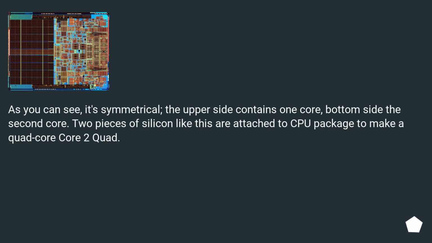As you can see, it's symmetrical. The upper side contains one core, bottom side the second core. 2 pieces of silicon like this are attached to CPU package to make the quad-core Core 2 quad. CPU package.